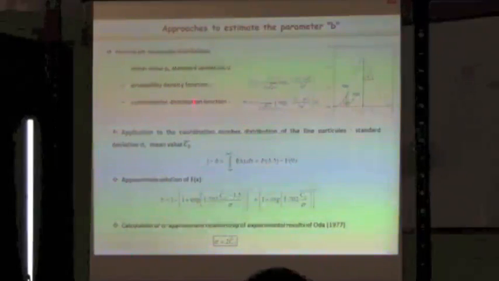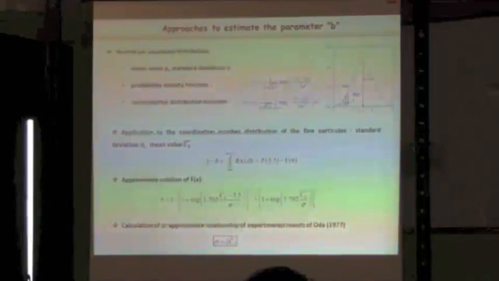Then 1 minus B can be calculated by this integral. So then we obtain this expression of B as follows, where CS is the mean coordination number of small particles, and sigma is the standard deviation.